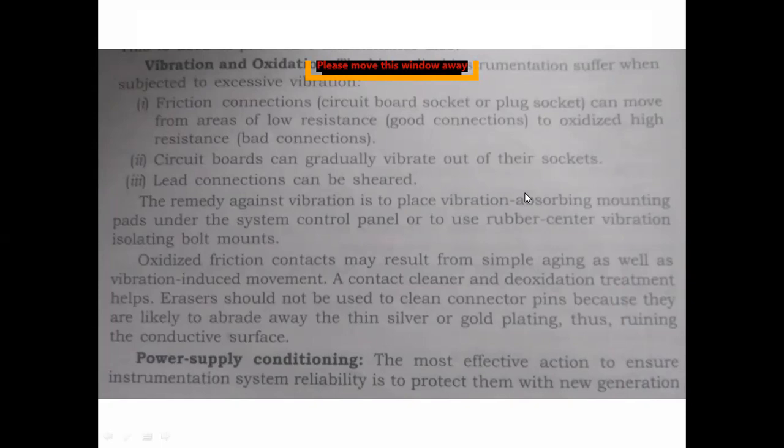So like that some arrangements will be prepared, such as vibration absorbing mounting pads. And the second one is oxidized friction contacts, which may result from simple aging as well as vibration induced movements. A contact cleaner or a deoxidant treatment helps.